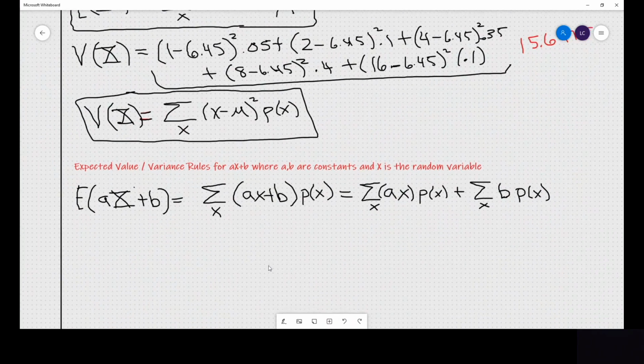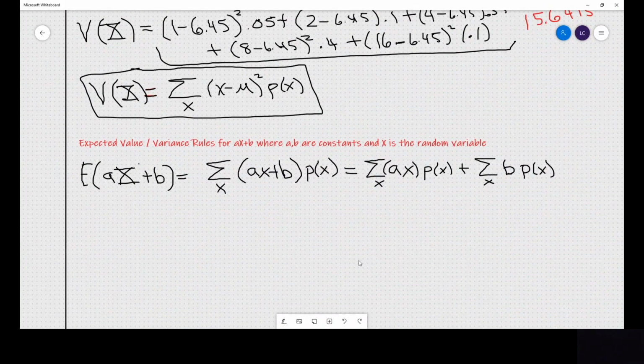All right, let me move this up a little bit. And then this is equal to, okay, so for a summation sign, if I'm summing over all x's and I have a constant here, I can pull this bad boy out. So that's what I'm going to end up doing here, pulling that out of the summation sign. And then hopefully we notice something that's familiar to us, x times p of x.